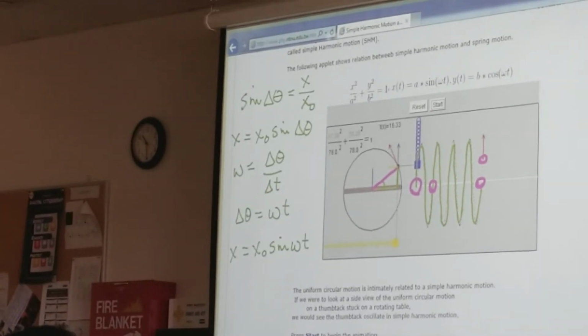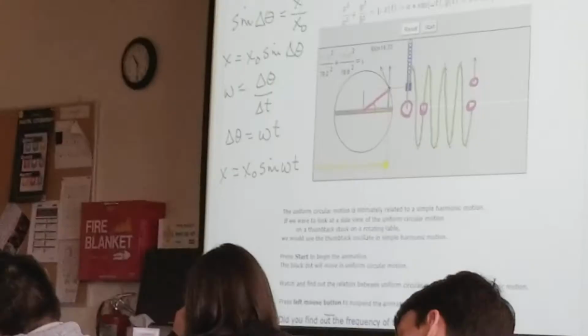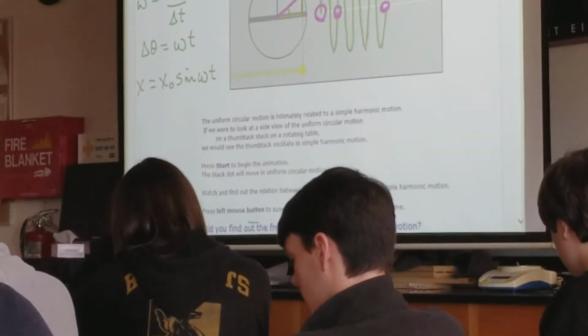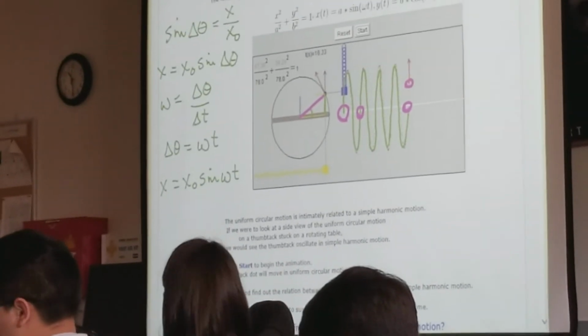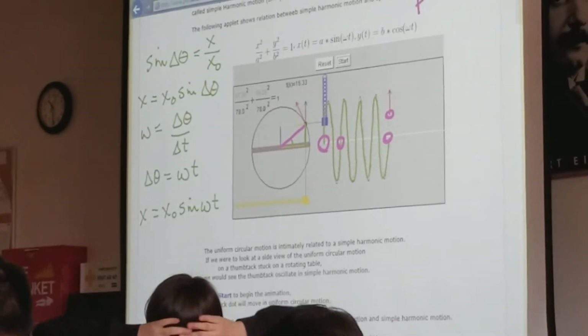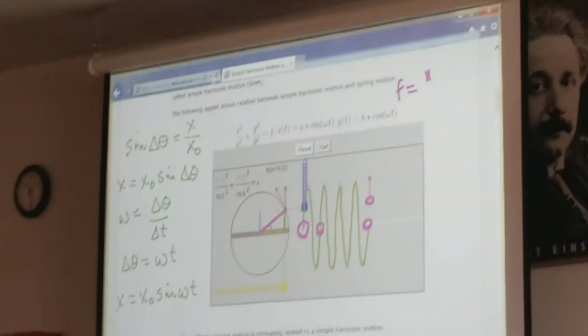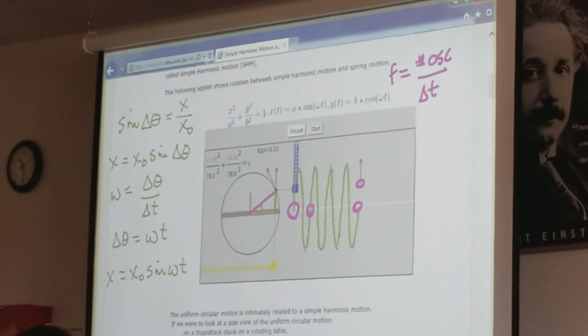Lacey's giving me a strange look. How we doing, Lacey? Just okay in terms of the math? All right, so let me talk about angular frequency for a moment. Let's go back to frequency for a minute. We had frequency equals the number of oscillations over the time interval.